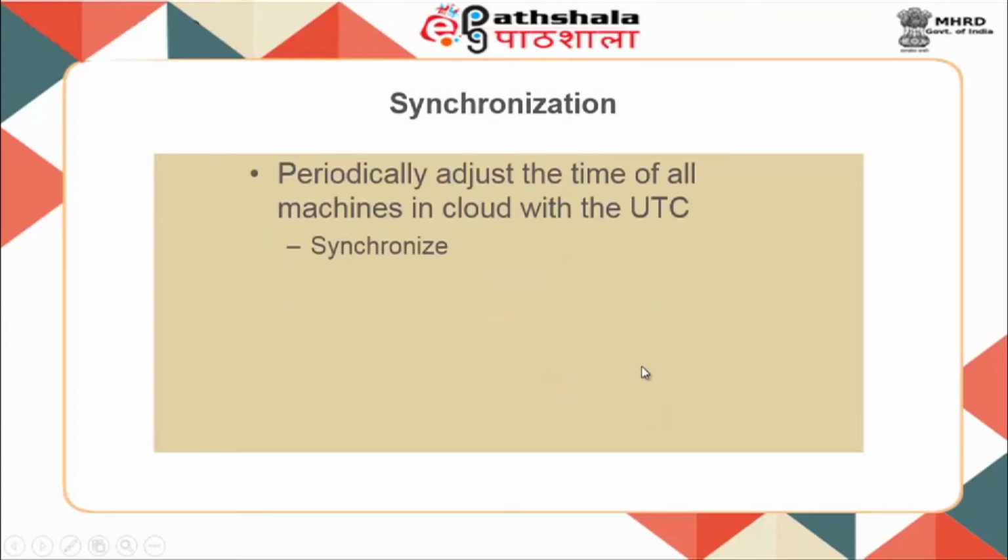So, let us look at what we mean by synchronization. Synchronization or adjusting our clock is just like what we do in real life. For all systems that are involved in a specific environment, we use the UTC to synchronize each and every clock of each and every server, hoping thereby that all the clocks will give the same time.